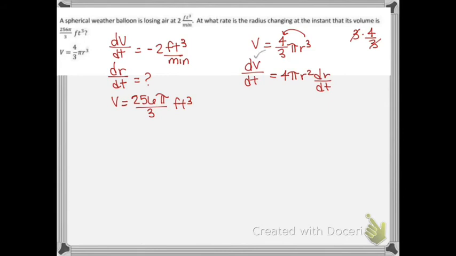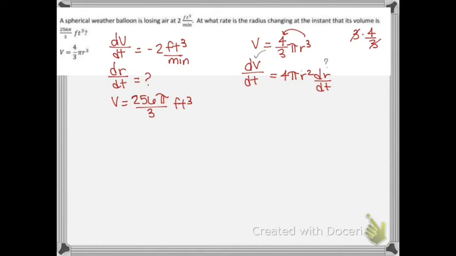We're trying to find dr/dt. I put that question mark by the wrong thing. We're trying to find dr/dt. So that's our question mark. And we don't know r, but we can find r. So they've given us the volume of the sphere.